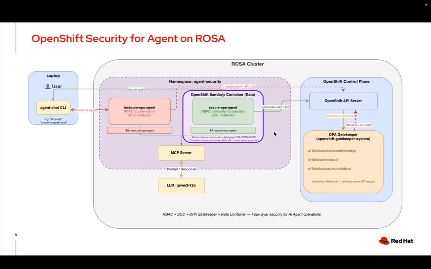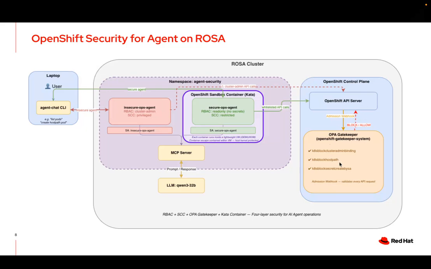So on the right side, I set up the OPA Gatekeeper operator, and I got the OPA Gatekeeper to protect the OpenShift API server.